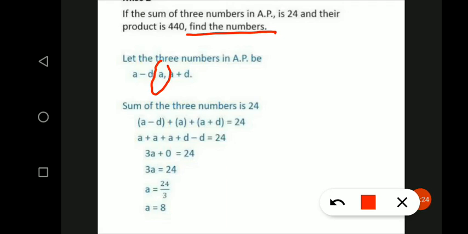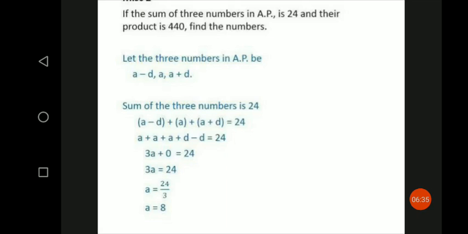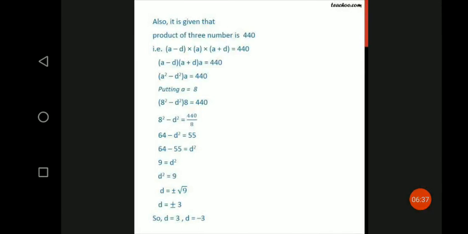Now the second thing given is the product is 440. Product means multiplication, and the multiplication is 440. So let's do the multiplication.